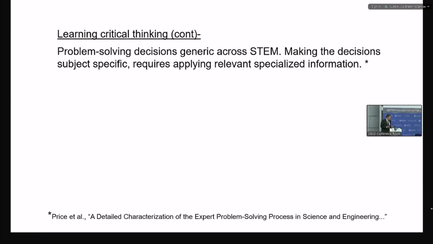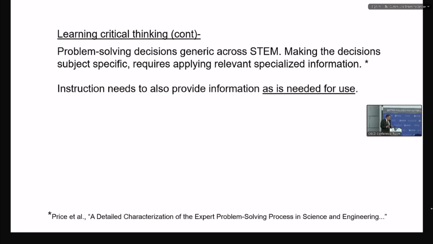So another aspect of critical thinking in STEM, as mentioned earlier, is that it really requires some knowledge as well. And we see that although the decisions are the same across many different fields, the knowledge, the information needed to make those decisions is always quite context specific and therefore quite subject specific.